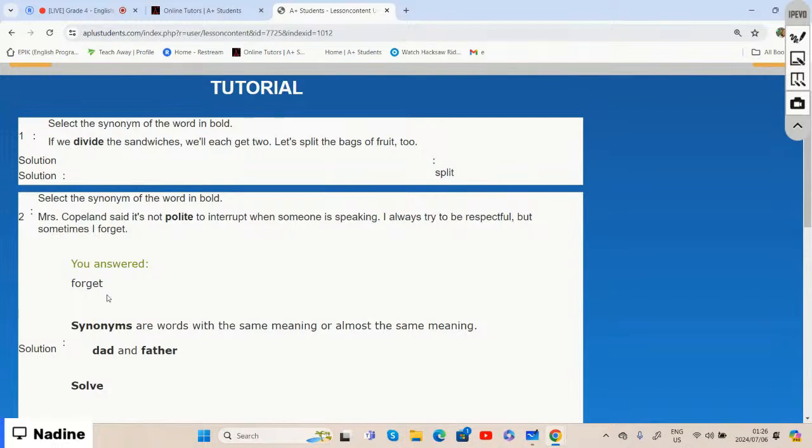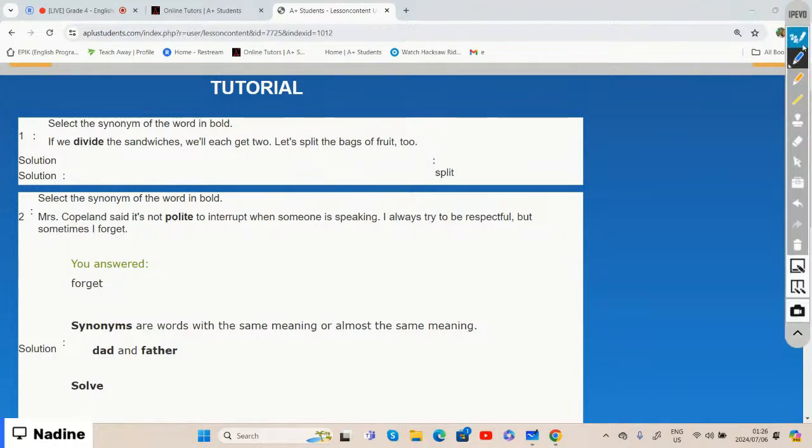All right, it says if we divide the sandwiches, we'll each get two. Let's split the bags of fruit too. So we need to select the synonym of the word that's in bold, and we need to find the synonym within the sentences over here.